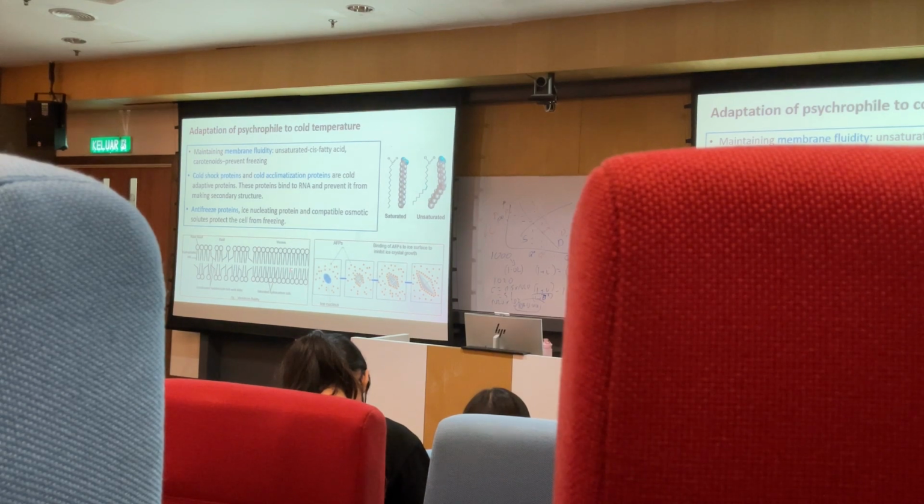Imagine that under cold temperature, this membrane is easily frozen and can easily be damaged. Having the kink makes it more fluid and able to maintain its structure at low temperature. So this is the first thing.